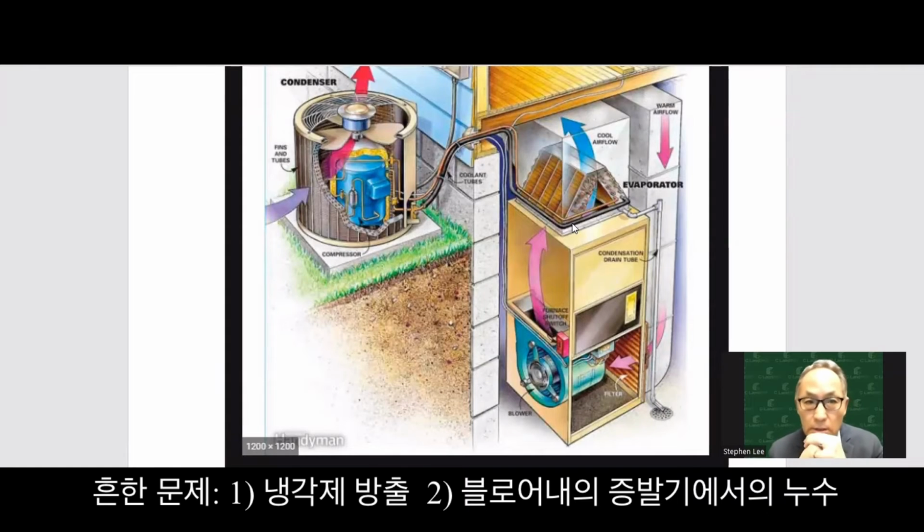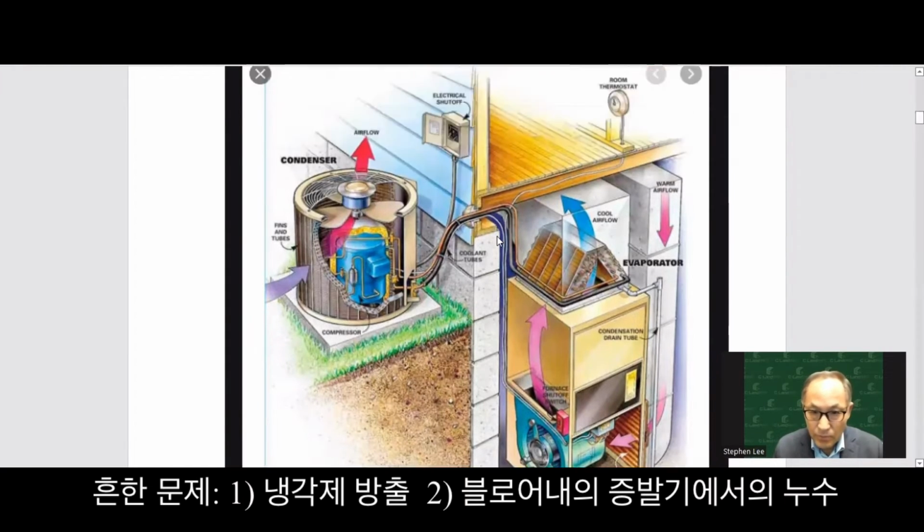So without raining, on a sunny day, all of a sudden you see a lot of water dripping from the ceiling. The first thing you have to be suspicious about is the air conditioning system. So now you have some knowledge about this water dripping from the ceiling.